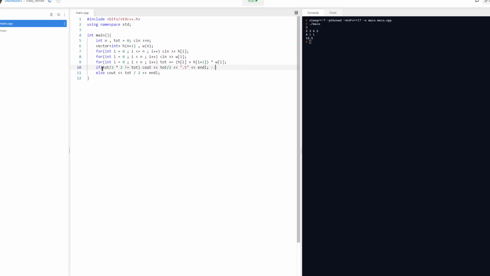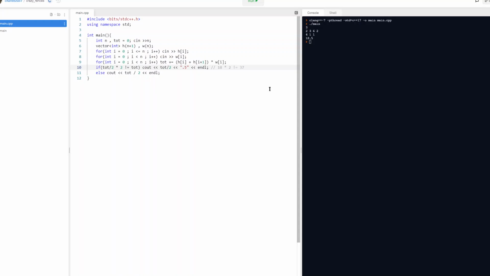So here, if we divide tot by 2, if that thing is like 18.5, it will be automatically cast to 18, and we times 2. So it won't equal 18.5 times 2, or it won't equal 37.